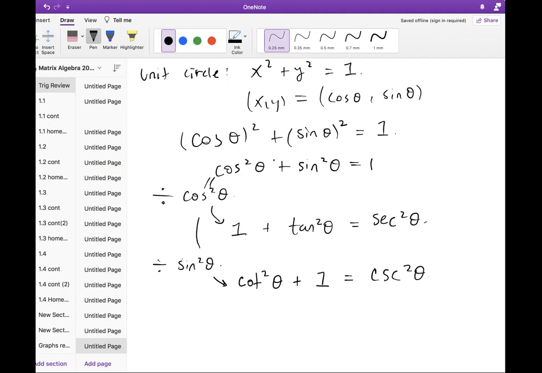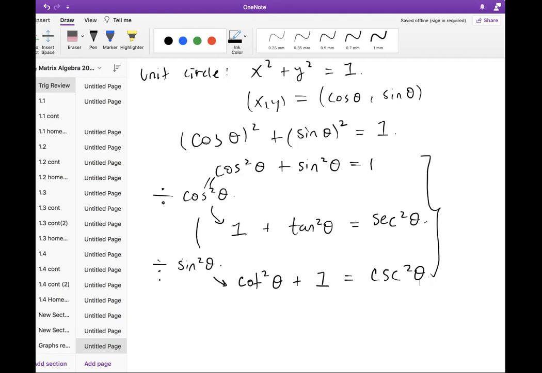So just by fiddling with the original equation, cosine squared plus sine squared equals 1, we can develop other relationships between the other trigonometric functions. And if you like, you can do the same thing by solving for each of these things. But yeah, those are other identities that we have for sine and cosine.